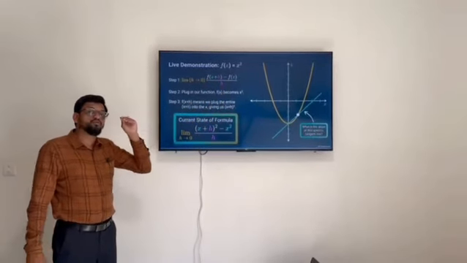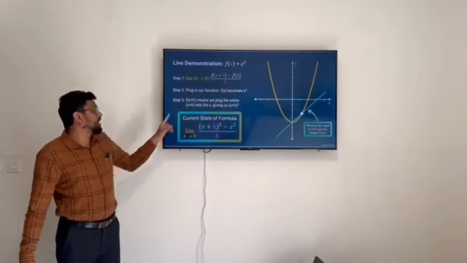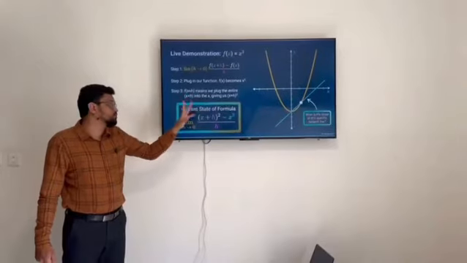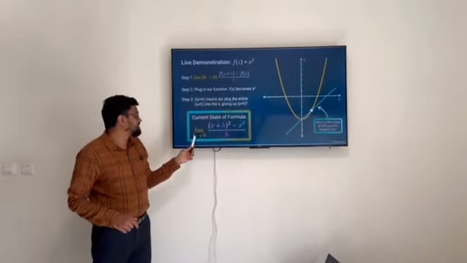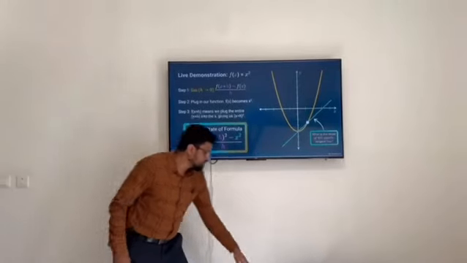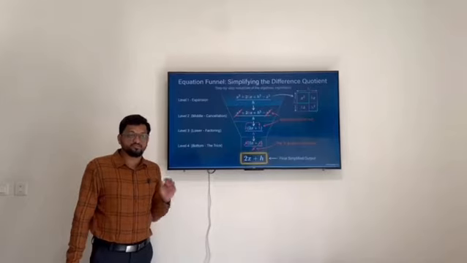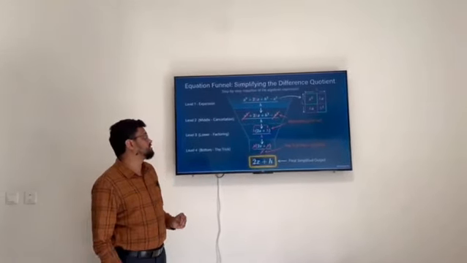Now if we substitute the value of f of x, f of x becomes x square, and f of x plus h becomes x plus h whole square. So the expression becomes limit as h approaches 0, x plus h whole square minus x square over h. Now we use the algebraic identity a plus b whole square, which is a square plus 2ab plus b square.